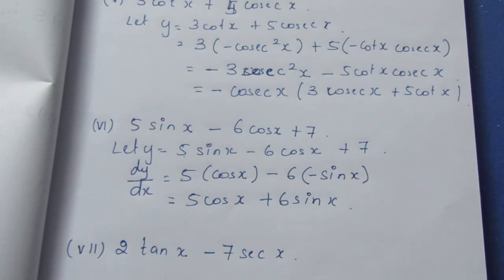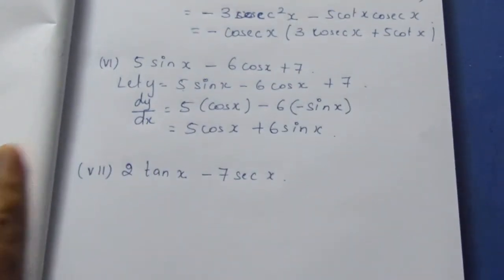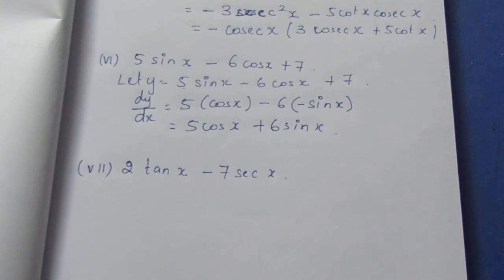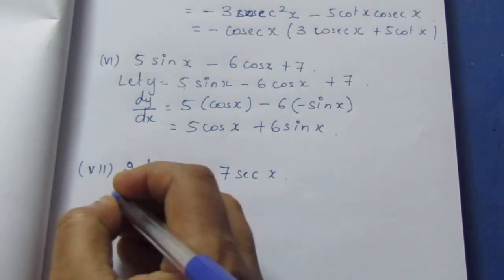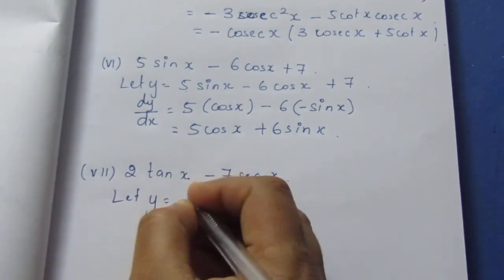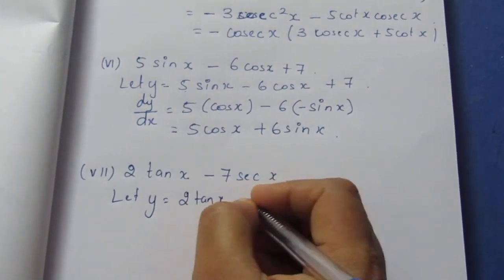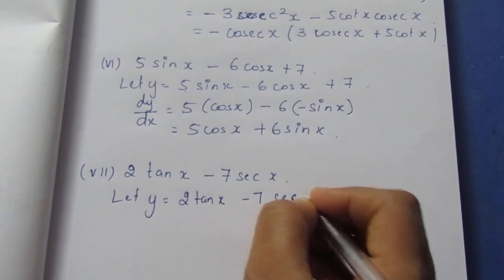We'll move on to the seventh one. In the seventh one, it is given as 2 tan x minus 7 secant x. Here let y is equal to the given thing, 2 tan x minus 7 secant x.